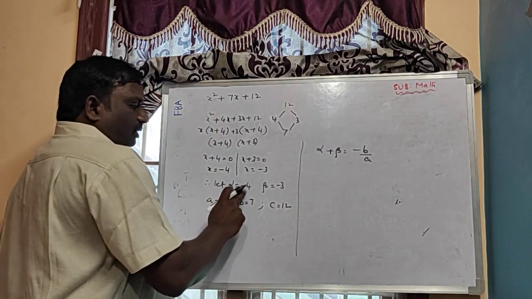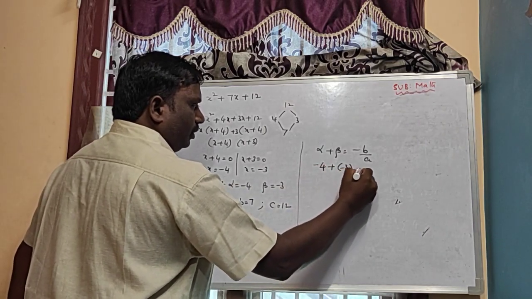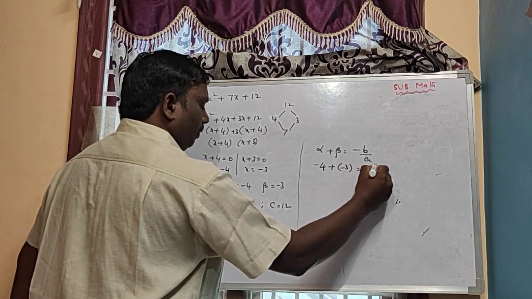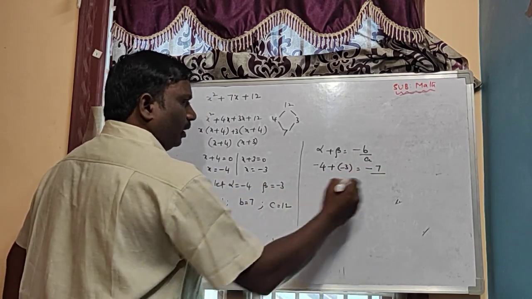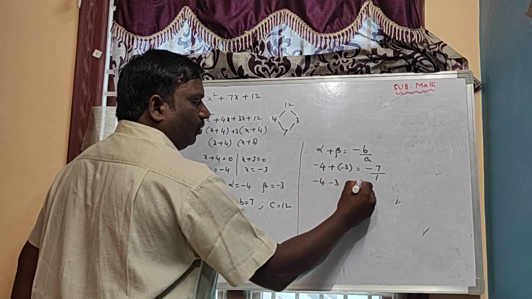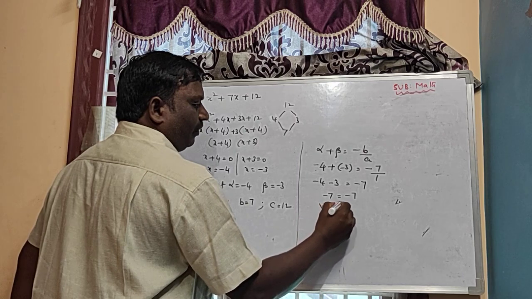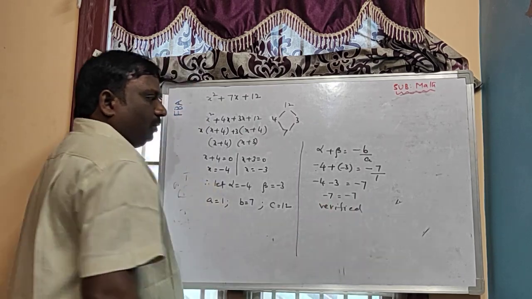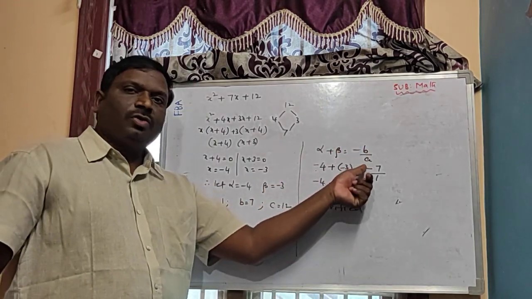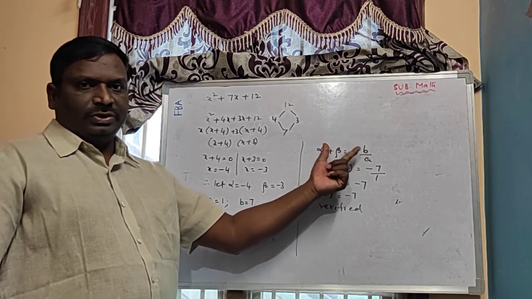Alpha is minus 4 plus beta minus 3, that equals minus b by a, minus 7 by 1. So minus 7 equal to minus 7. Verified.